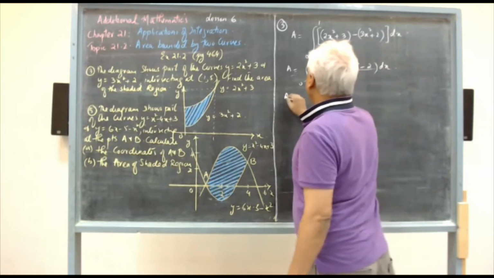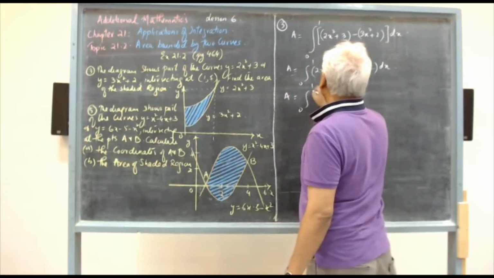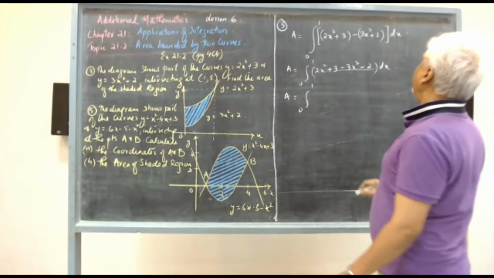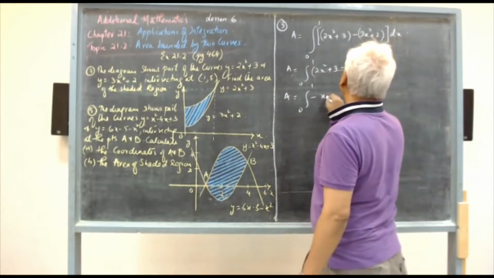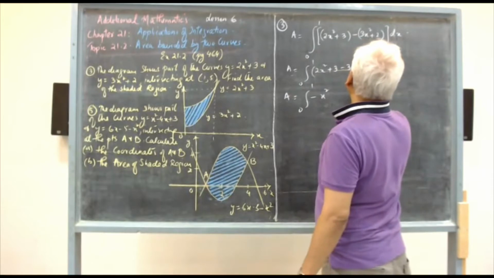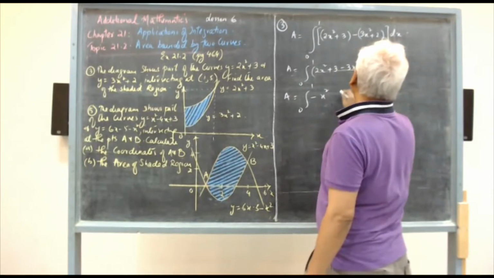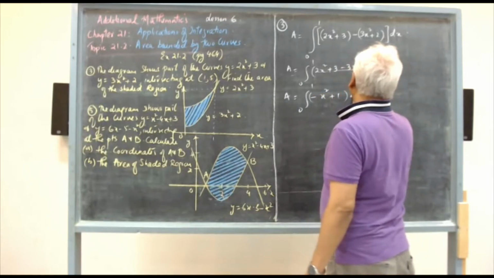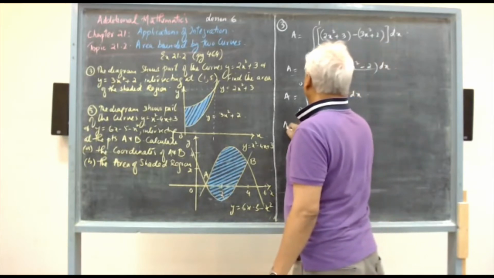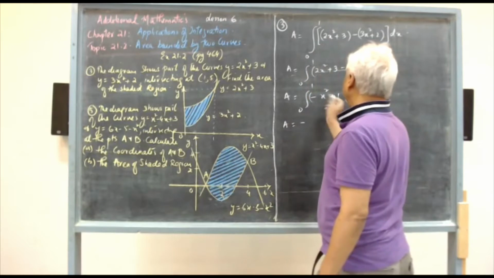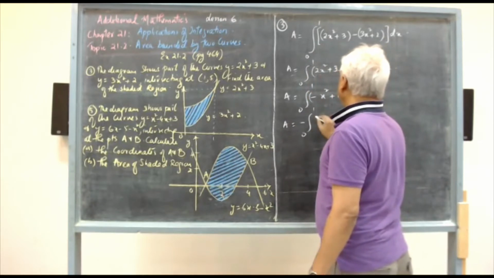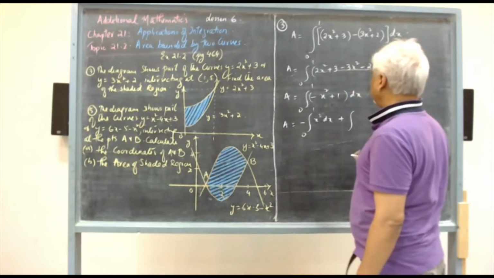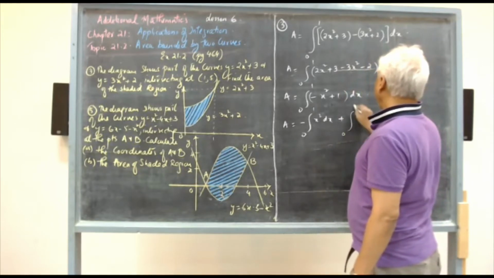So the shaded area is now equal to the integral from 0 to 1. 2x squared minus 3x squared would give you minus x squared, and plus 3 minus 2 would give you plus 1, the whole thing dx. So the shaded area is now equal to, bringing this minus sign out, the integral from 0 to 1 of x squared dx plus the integral from 0 to 1 of dx.